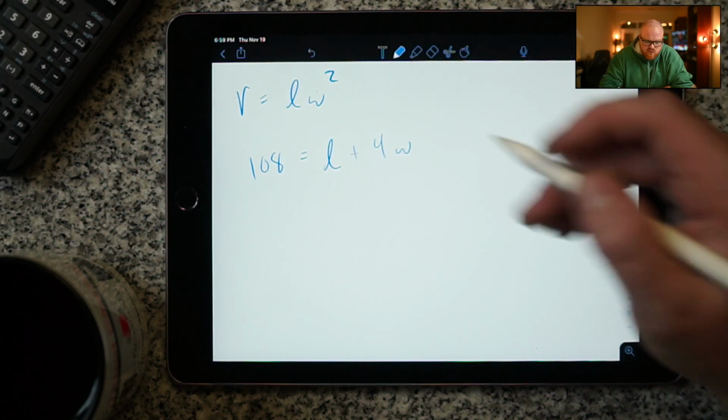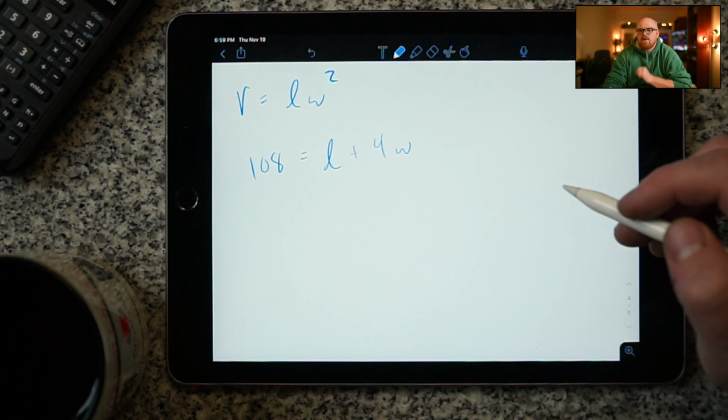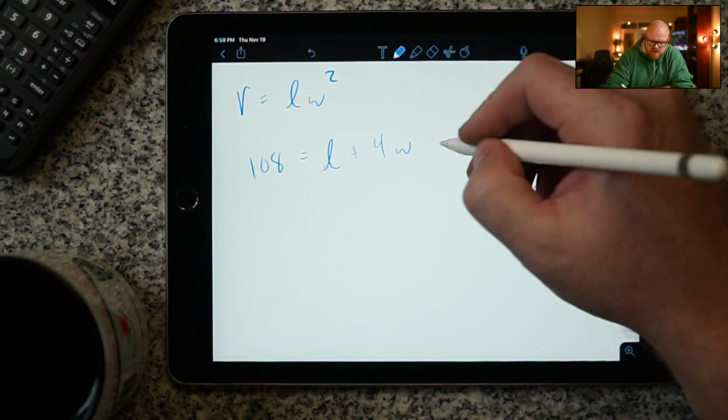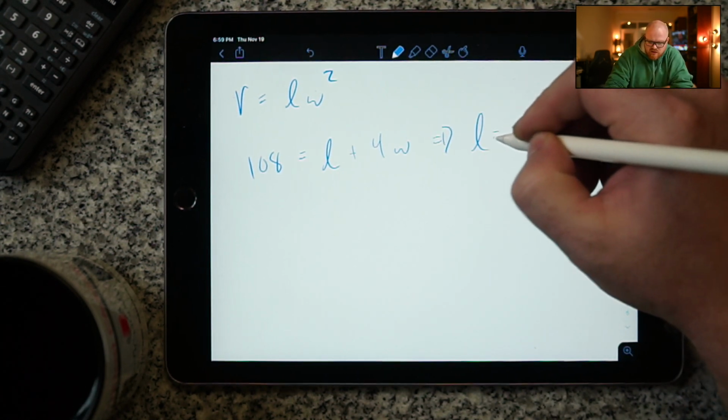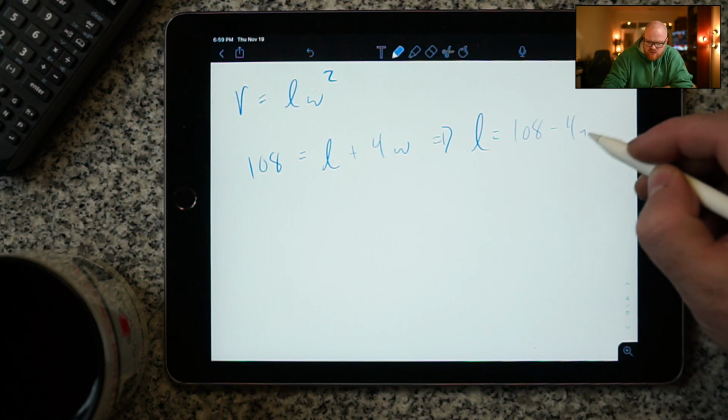So now we can start to plug in some of this stuff here. If we want to solve this for L, we would say that L is equal to 108 minus 4 width, right?